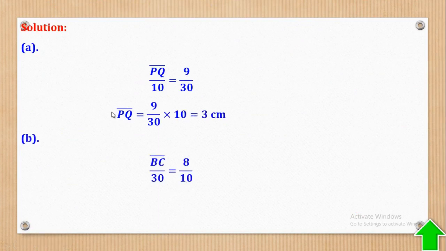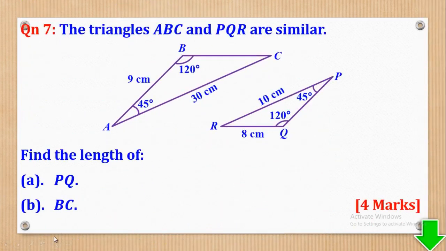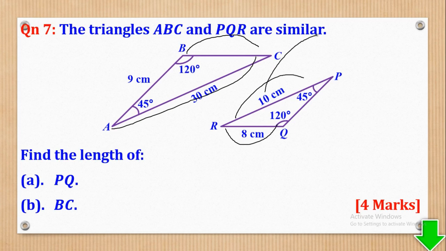Then now we shall go to part B, which says that BC over 30 is equal to 8 over 10. So the longest side is 10, the longest side is 30, and here this 8 has 120 and also this BC has 120.